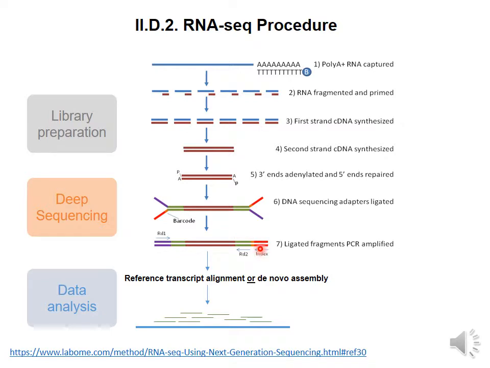And then by the use of universal primers that bind to these adapters, there will be a ligation step and a PCR amplification. From these adapters, we will amplify this fragmented RNA, and then we will do the sequencing of every one of these fragments. And then for the data analysis, we will do an alignment against a reference transcript or de novo assembly, where all these different amplification products will be assembled to determine the entire sequence of the RNA.